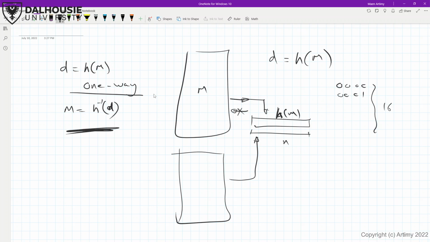All the hash algorithms that we are going to look at try to find a way to make this possibility very slim, so that we don't have many ways to take a hash and find the original message that generated it.